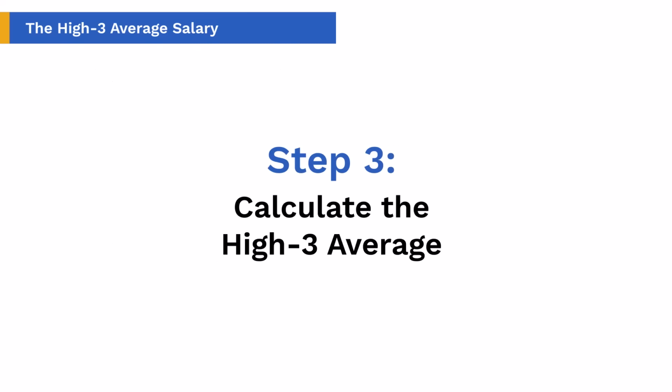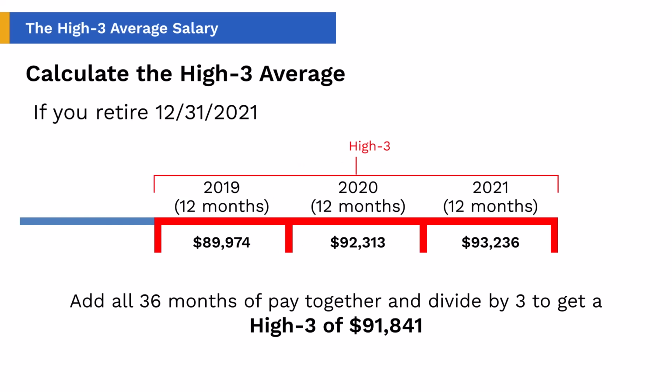We have to take that next step to actually calculate the High-3 average. Here's how it goes. If you retire at the end of this year, this is a really easy calculation, because if we're at the end of a year, it makes all the numbers pretty easy. We're going to take the pay from 2019, 2020, and 2021, add all of those 36 months together and divide by 3.